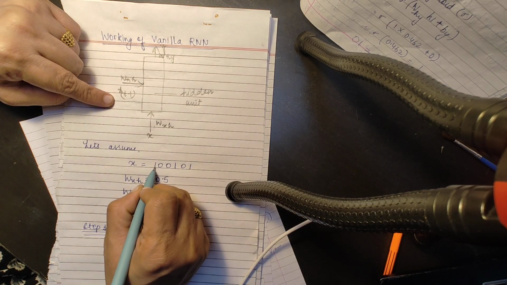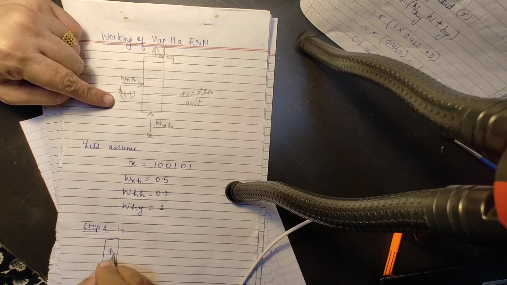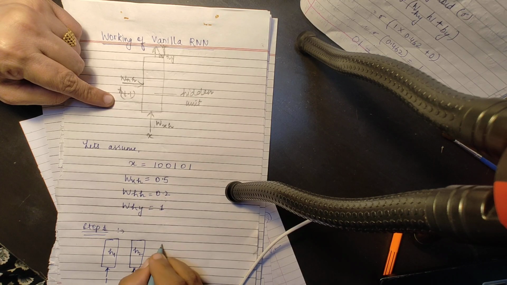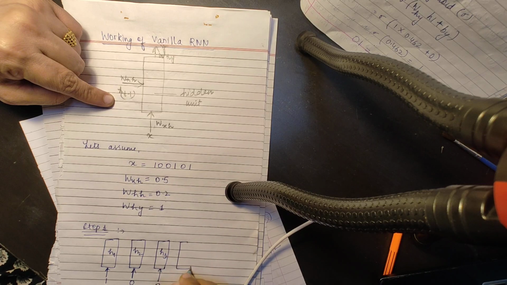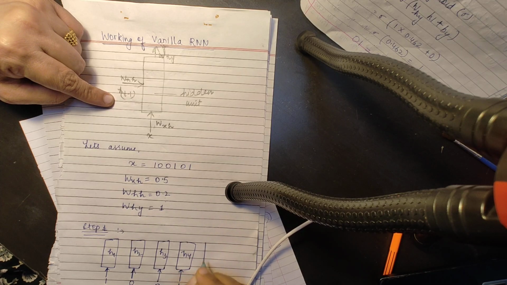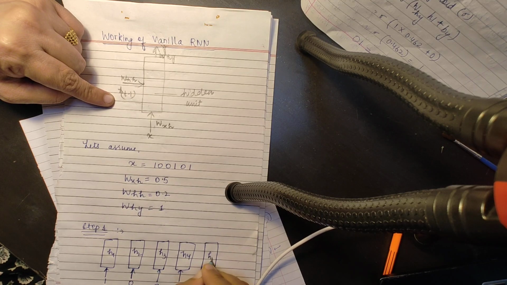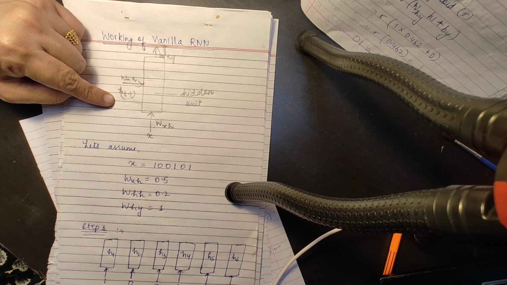If we have these many inputs, like H1 is having input 1, H2 will be having input 0, H3 will be having input 0, H4 input 1, H5 input 0, and H6 input 1.